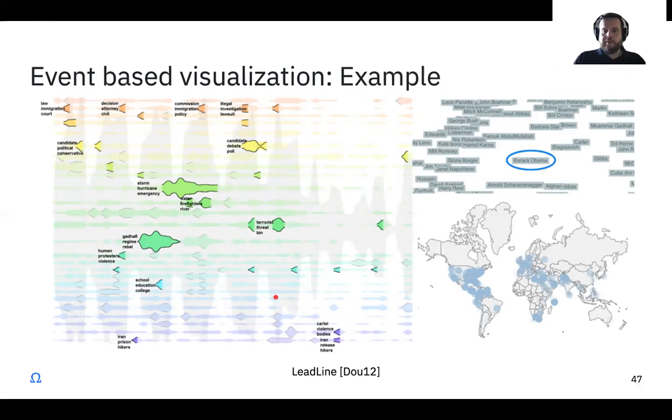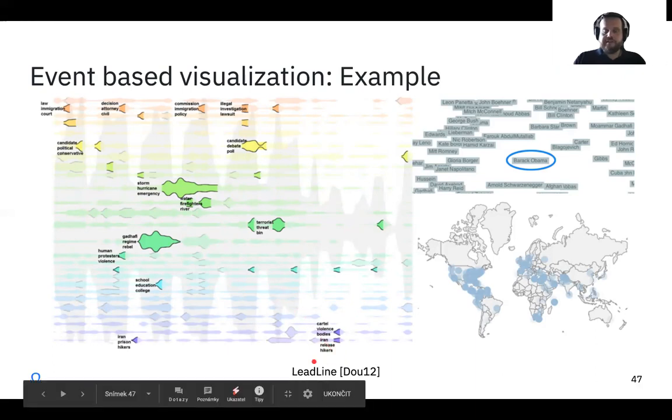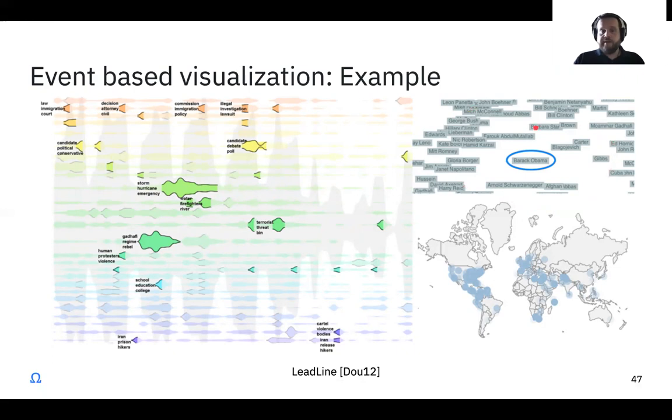So this is a system called LeadLine, where they were computing relationships of people that appear in the news with events that have happened in the news.